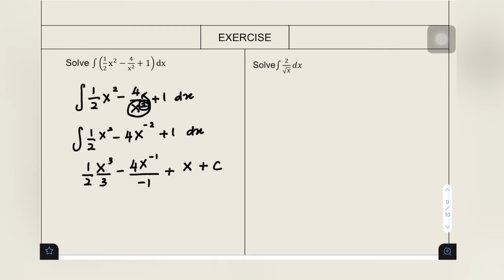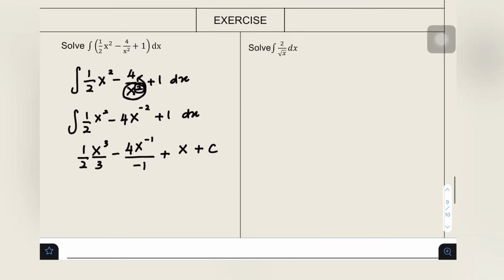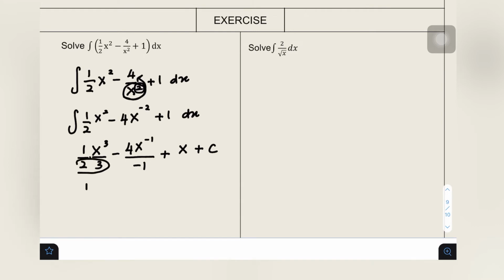Now we only want to simplify the answer. Okay, you can see here 1 over 2, and this one is multiplication, so we can multiply the denominator. So what you have is 1 over 6x to the power of 3. Okay, negative and negative will give you positive. 4 divided by 1 is 4, and we bring x to the power of negative 1 back to the denominator. We change back the position.